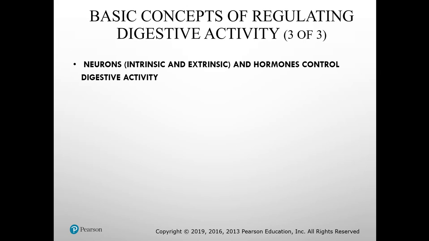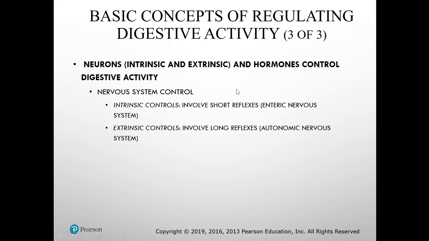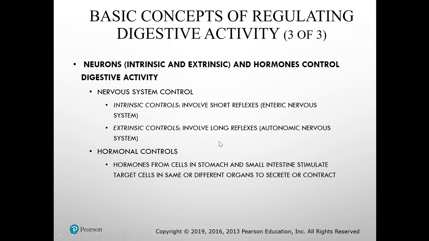And finally, you have your neurons' intrinsic and extrinsic activities and hormonal controls that regulate digestive activity. This would be the nervous system control itself of the digestive activity. Intrinsic controls would involve short reflexes. These are the enteric nervous system. And extrinsic control involves long reflexes, which is your autonomic nervous system controls.